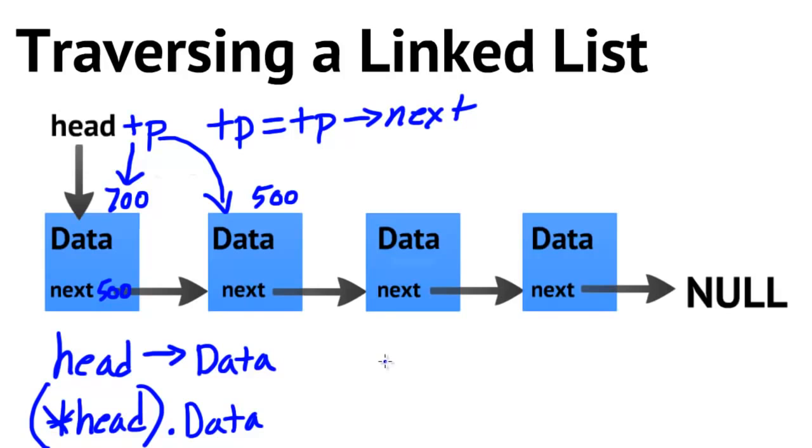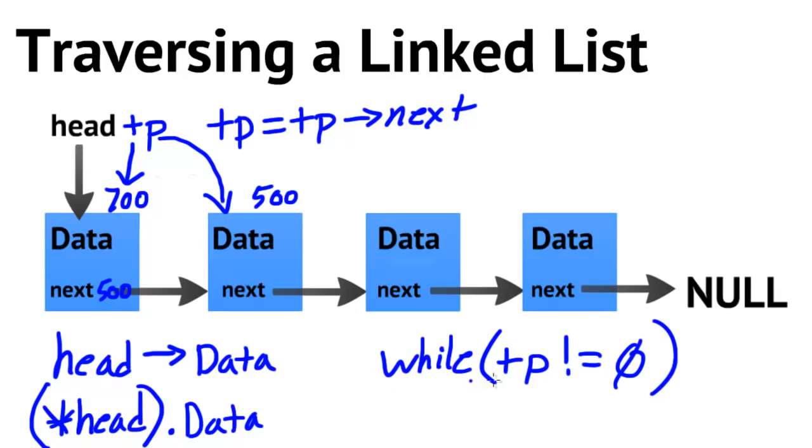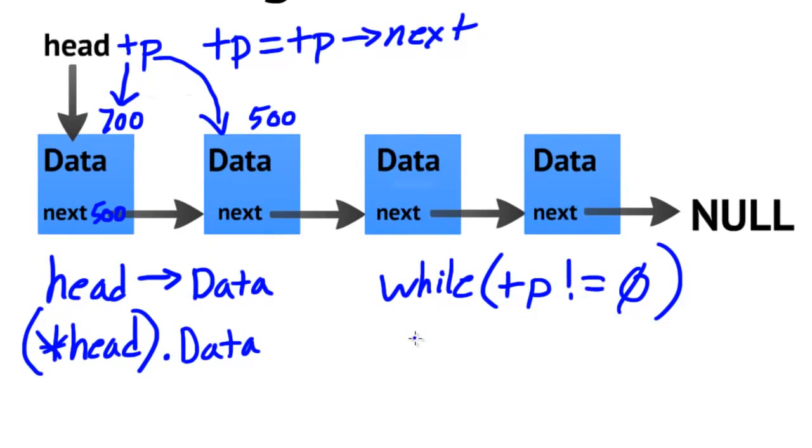So we'll say this. We'll say while our traversal pointer is not equal to null, and I'm going to just use 0 here. So as long as it's not equal to null, then we can do whatever operations. The operations that we could be doing could really be anything. It could be just printing out a particular data member.